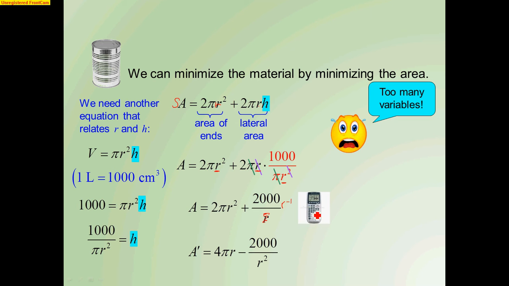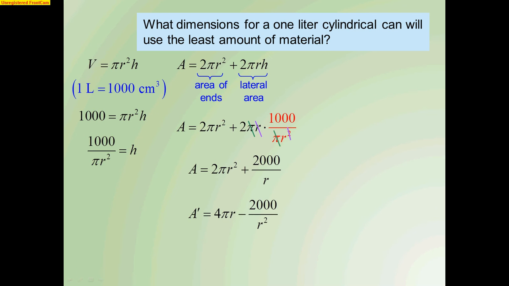I showed my calculator here because if I had a calculator, I could just put this right into my calculator at this point, without actually finding the derivative. I could put in 2 pi r squared plus 2,000 r to the negative 1, have the calculator draw the graph of the derivative for me, and then find where the derivative was equal to 0.